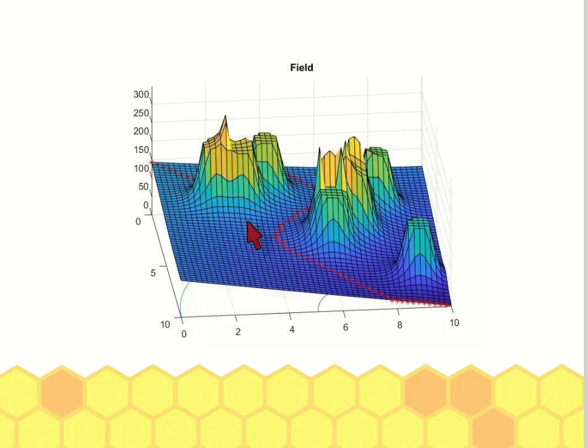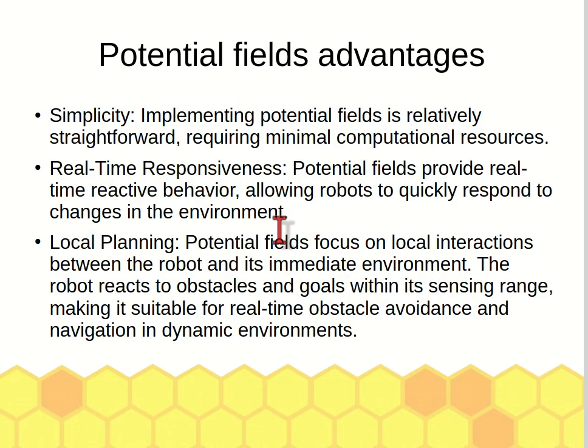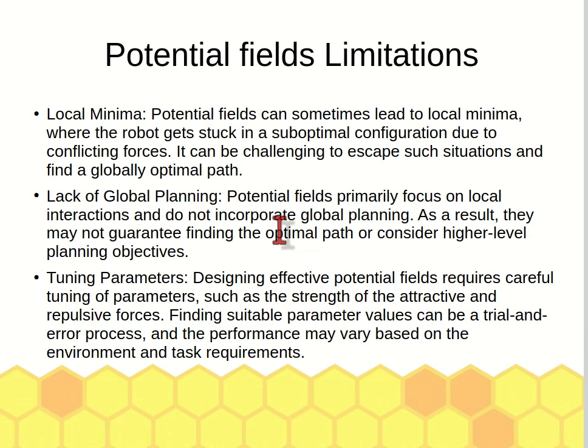That means there is no guide for the navigation process to move in any direction. So this is what we call local minima. And also it needs parameter tuning to make sure the strength of the attractive and repulsive forces is sufficient for path planning.